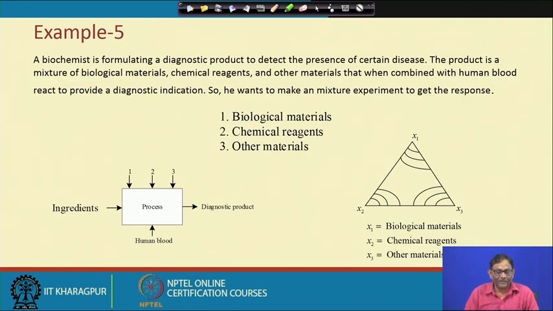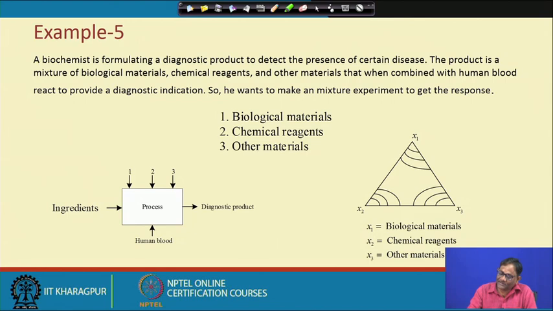Then in another example here, suppose a biochemist is formulating a diagnostic product to detect the presence of a certain disease. The product is a mixture of biological materials and chemical reagents and other materials. So, your work is basically you want to see how these three materials will be mixed, so that the performance of the drug will be maximum in curing the disease.